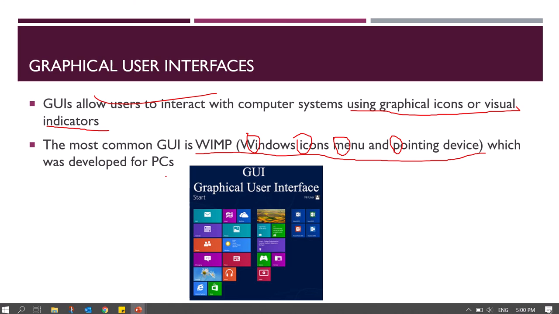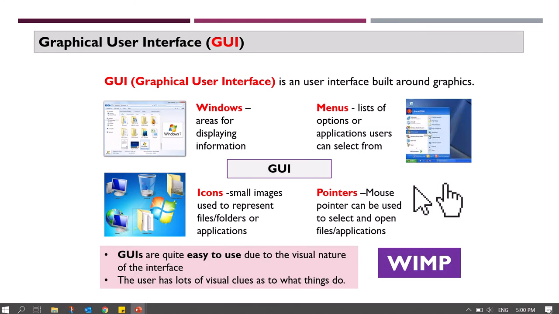Now, like our example, you can see that anything in a graphical user interface is built around graphics, and you will be able to sort it into these four things: windows, icons, menus and pointers.